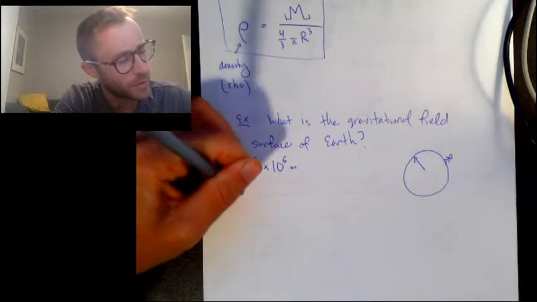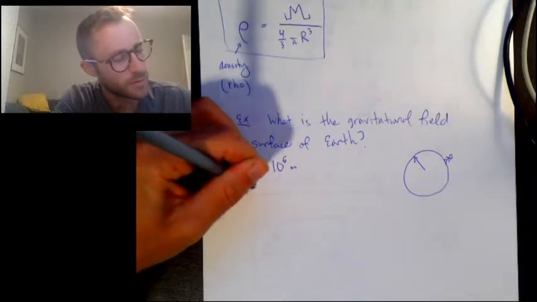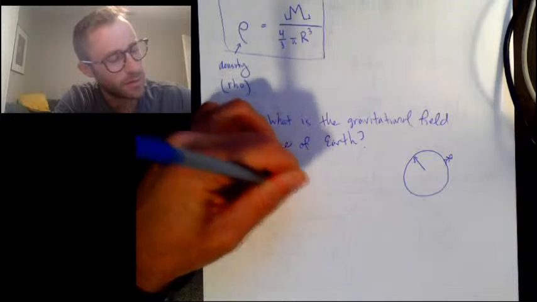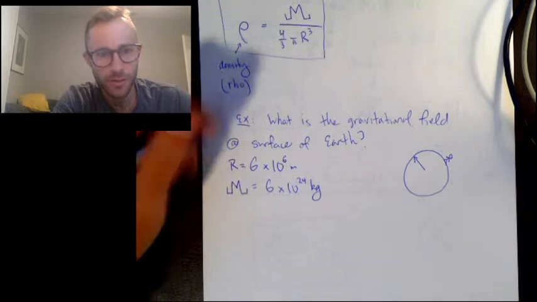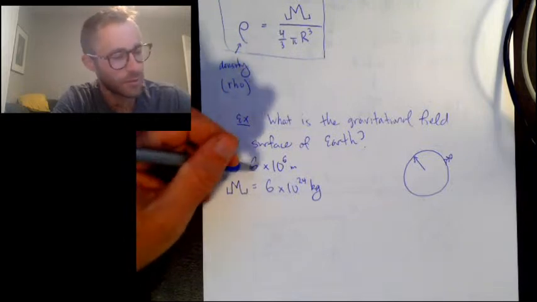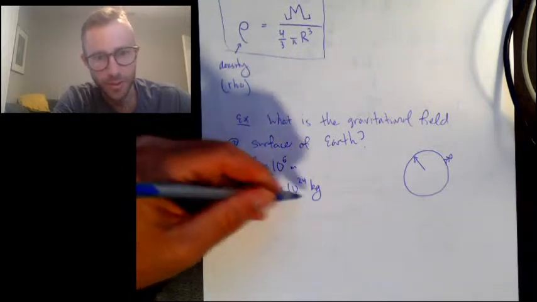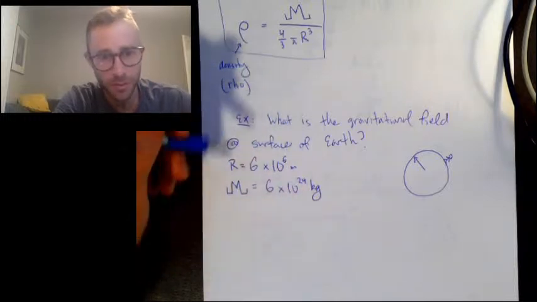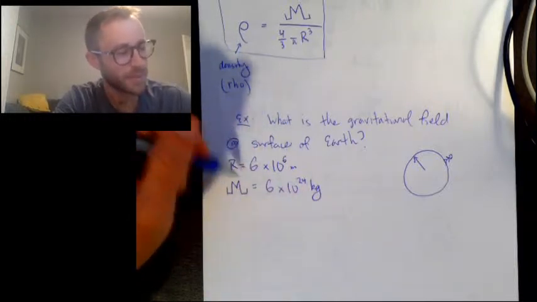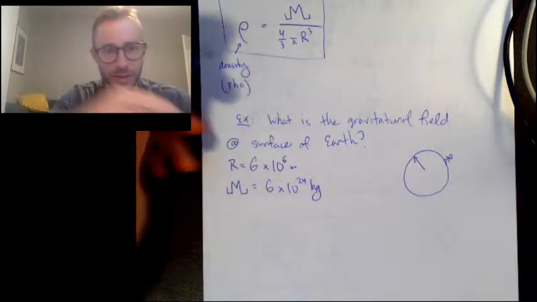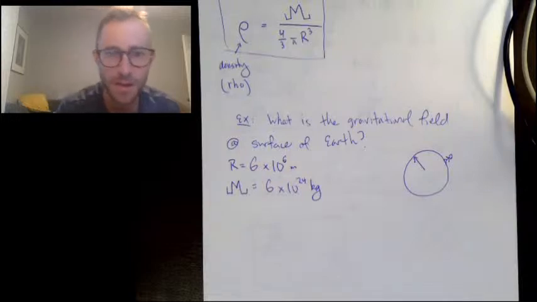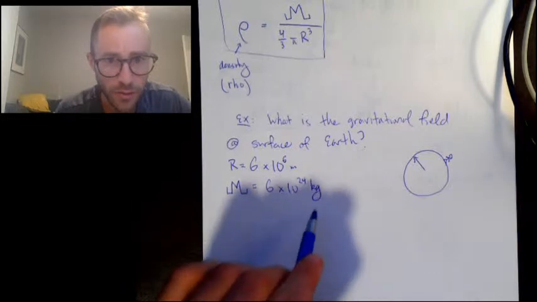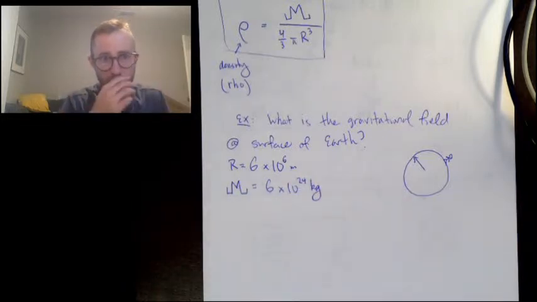The mass of the Earth is 6 times 10 to the 24th kilograms. Okay, that's another reason why I remember 6, right? Because there's 6 times 10 to the 24th. 24 is divisible by 6. It's times 10 to the 6th for the radius, so it all kind of reinforces itself, so I can remember that really easily. Okay. We'll talk in the next lesson about how you could measure the mass of a planet.